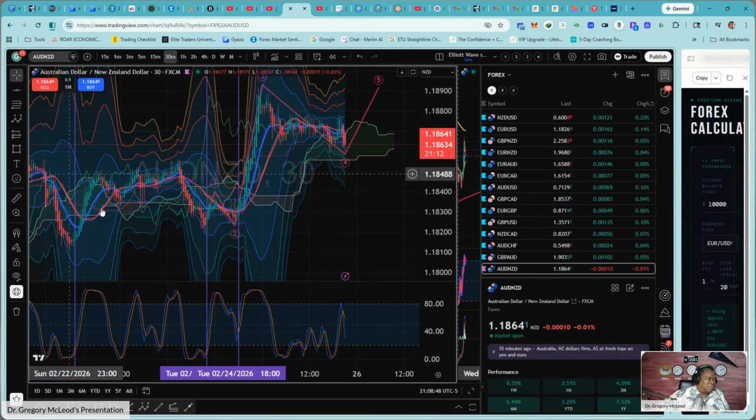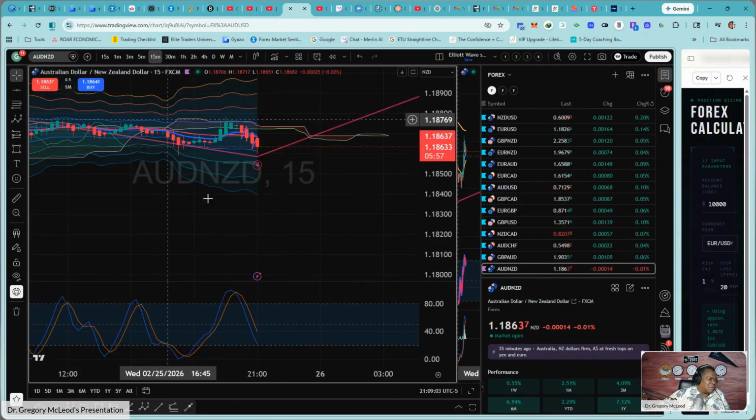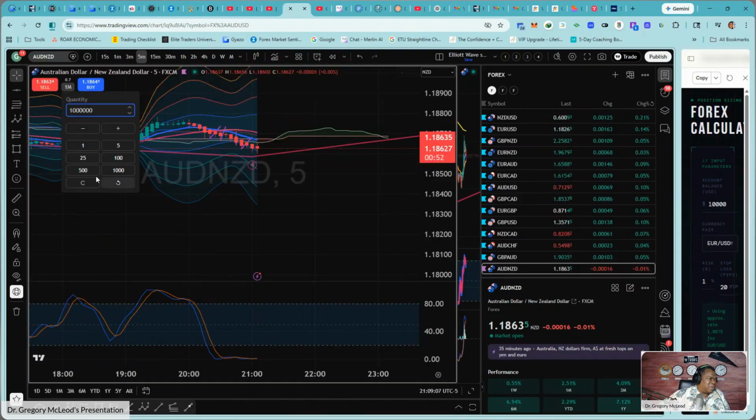And what we used to do is dollar cost average into the pullback. So let's say it starts bottoming out, stochastics comes down. We would start adding orders. Not that much, no way.